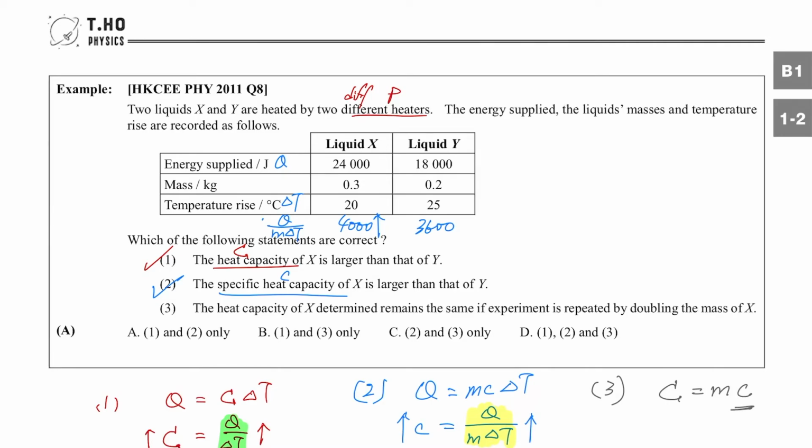In that case, same material X, small c will be the same. However, now we are doubling the mass m, so this will no longer stay the same. The heat capacity will change. So C of X will change, and it's not correct to say the heat capacity of X remains the same. This is wrong. Therefore, the answer is 1 and 2.